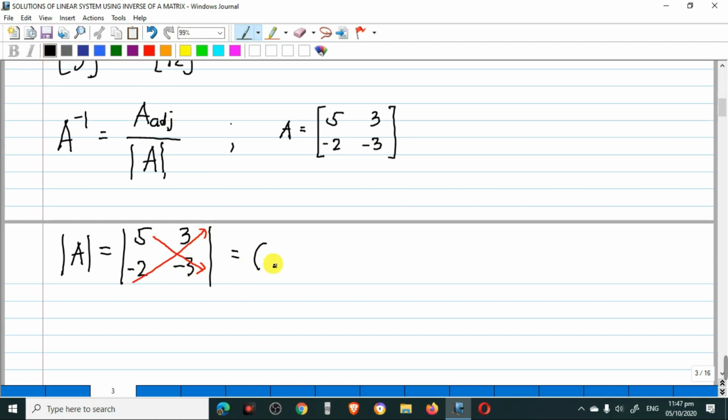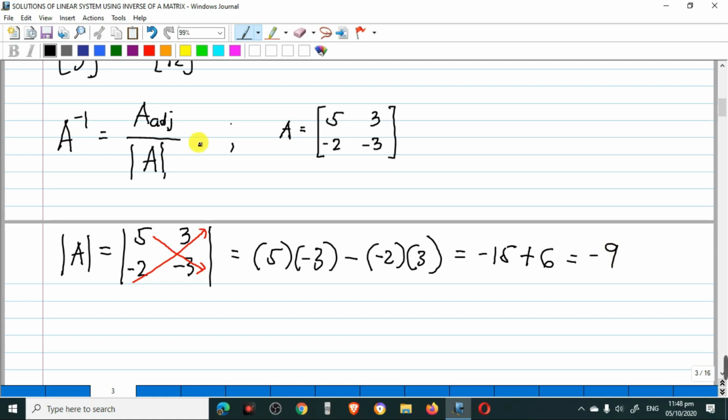This is equals to negative 15 and negative times negative will be positive 6. Therefore, ang determinants ng ating matrix A is equals to negative 9. We have already the value of the determinants of our matrix A.